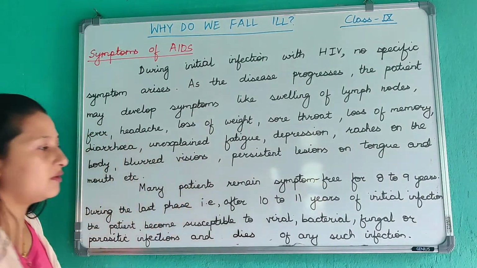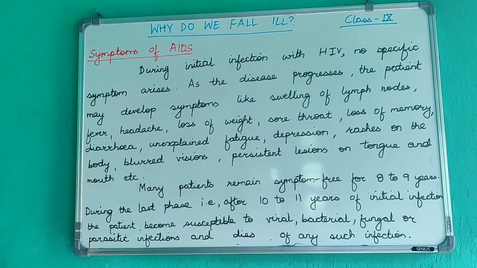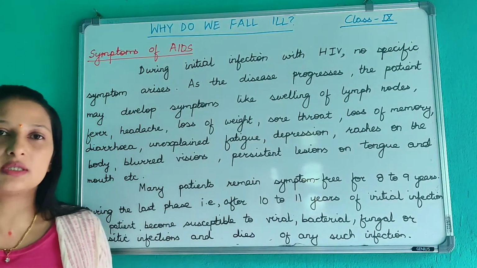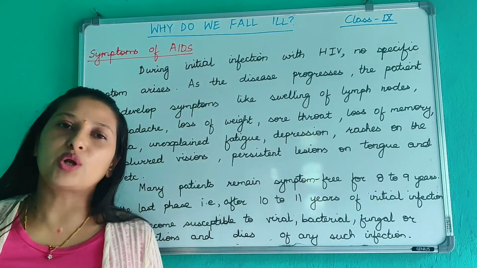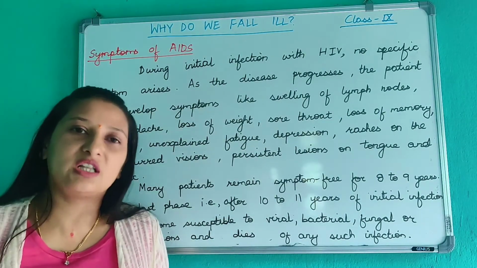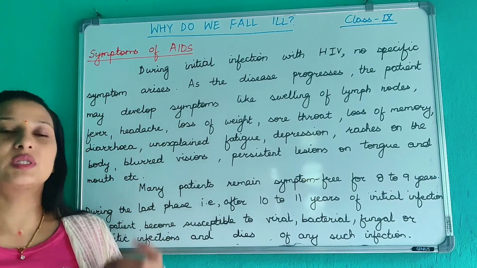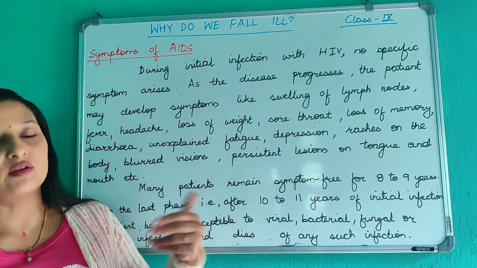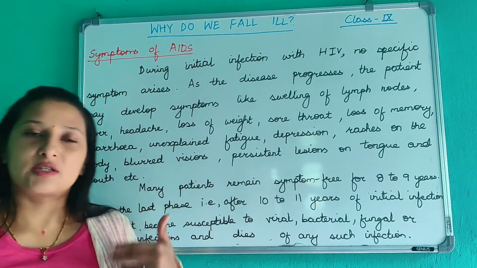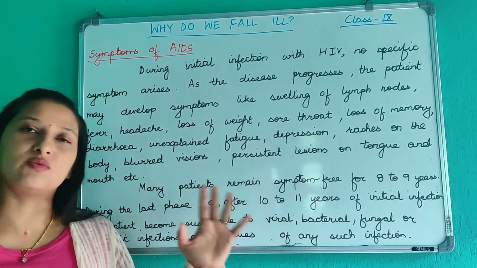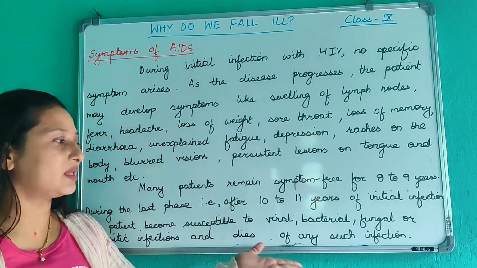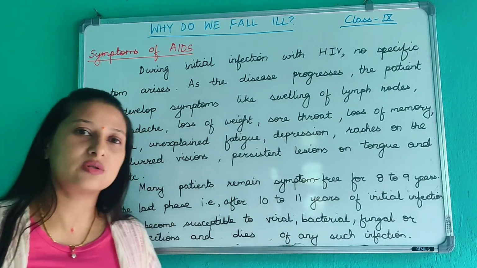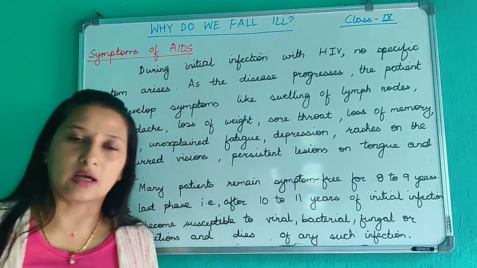Since, as I told you earlier, the immune system of the body has been weakened to such a level, that person will contract so many infections in the body. Viruses will attack, bacteria will attack, and so he will get a number of infections, and then because of those infections the person finally succumbs.